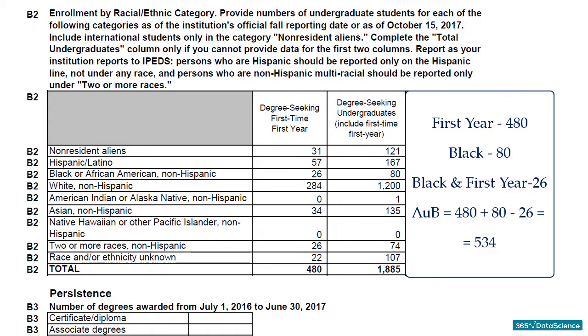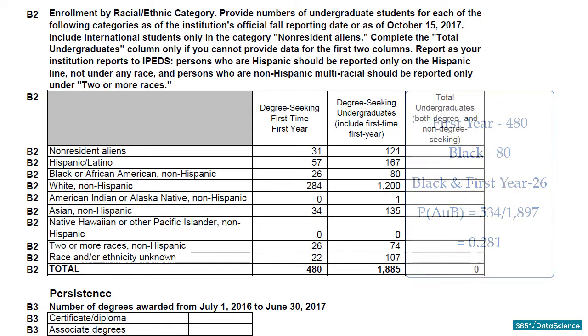Once again, we would find the probability of being part of the union by dividing the size of the union by the size of the sample space. In this instance, that would be 534 over 1,897, or 0.281, which indicates that approximately 28.1% of the student body is either a freshman or identifies as Black.